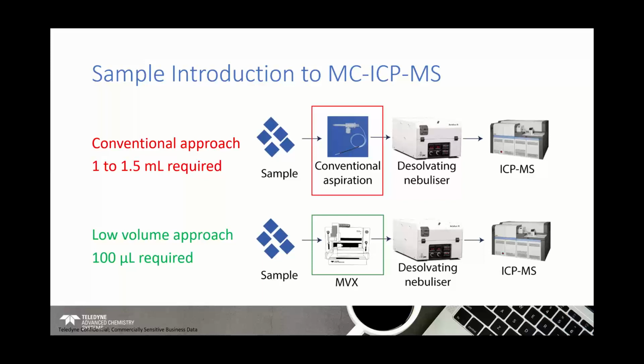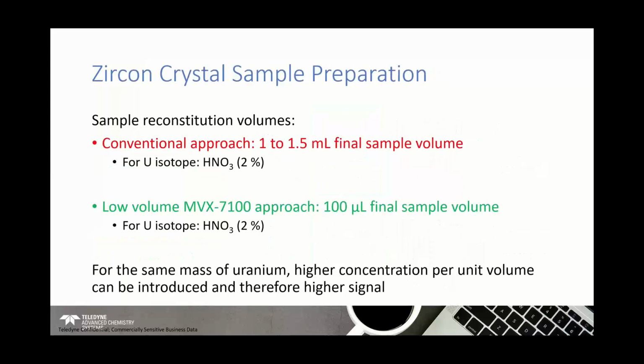But the difference here is that we're using a specific volume and a specific flow rate. The example I'm about to give is 100 microliters of sample volume introduced at 70 microliters per minute. So, as I've described, your reconstitution volumes are 1 to 1.5 mil for conventional versus 100 microliters.